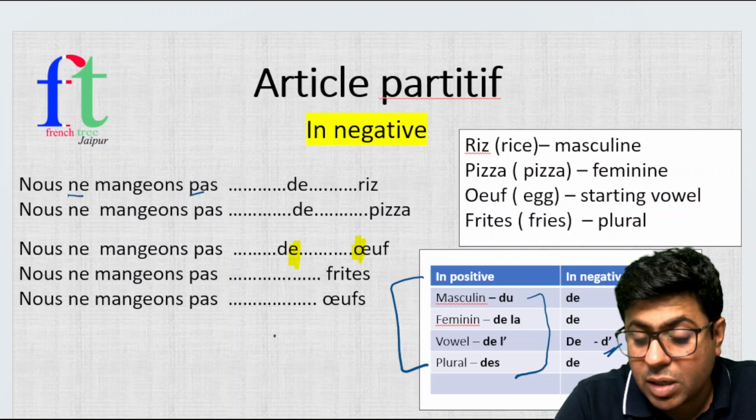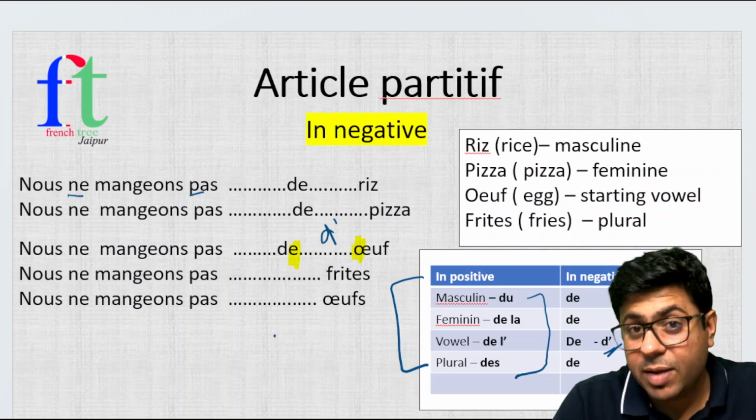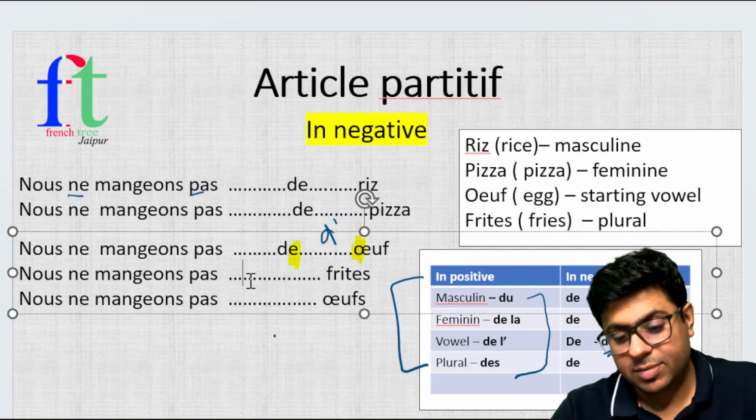So that's why we use d apostrophe. My writing is very bad actually, so that's why I'm using the computer. Otherwise, I was thinking to use the whiteboard. My writing is so poor, but this system works.